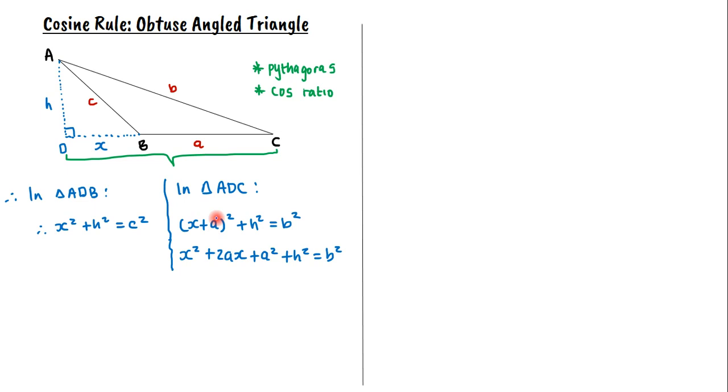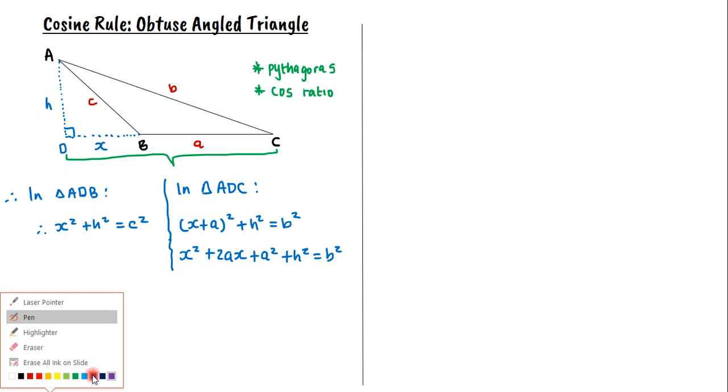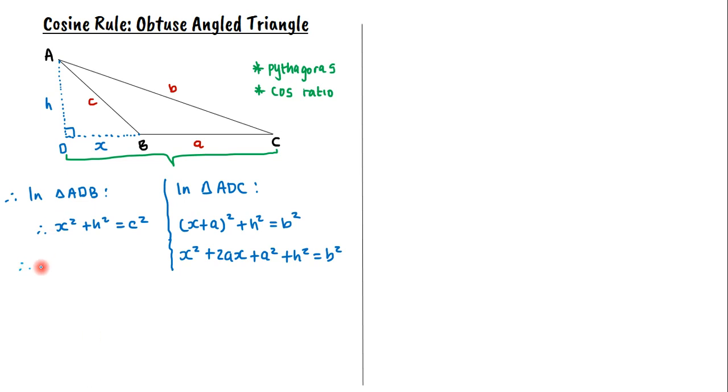But now, having these two formulas, we can see that in formula 1, we can take h squared and make it c squared minus x squared. Now, how do we do that? We just take this x squared across.